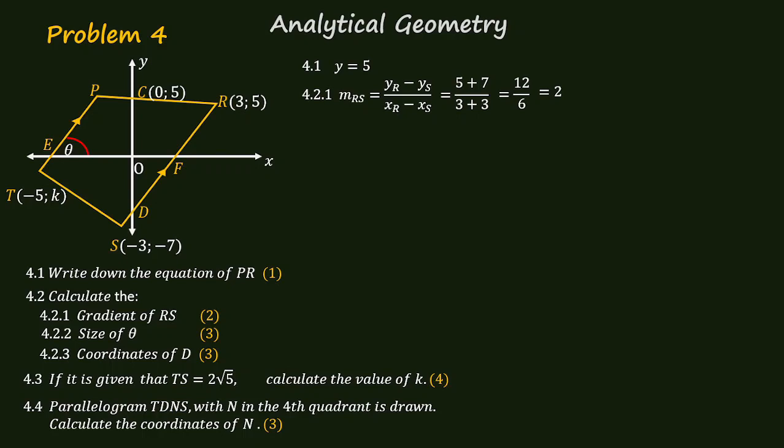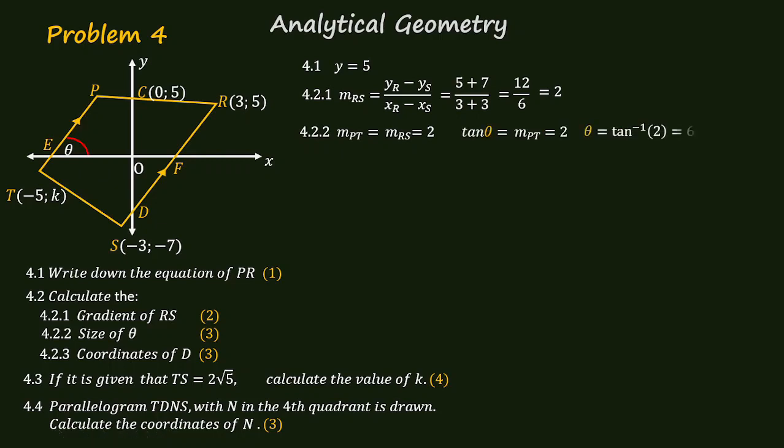We know that the tangent of the angle theta will be given by the gradient of the straight line TP. But we also know that the gradient of TP, or PT, will be equal to the gradient of RS because they are parallel to each other. Parallel lines have equal gradients.